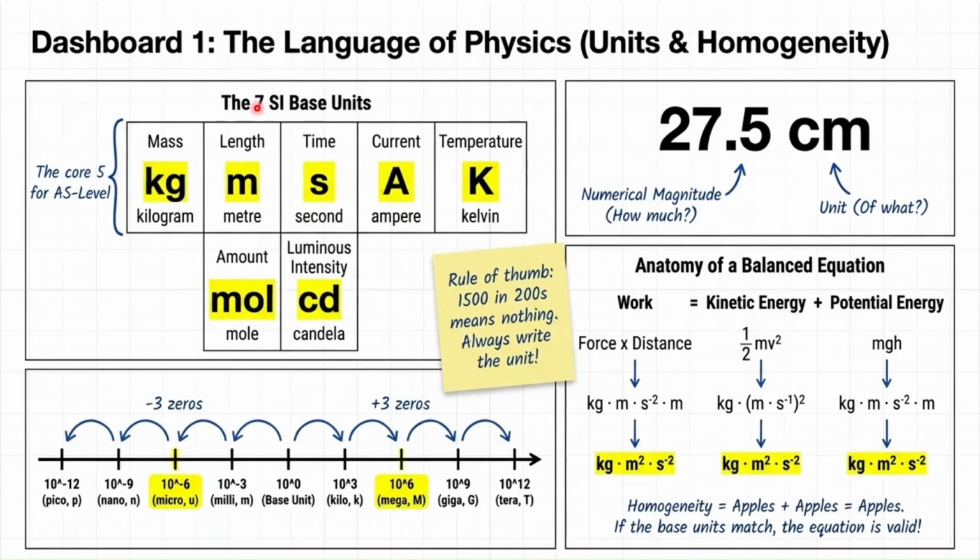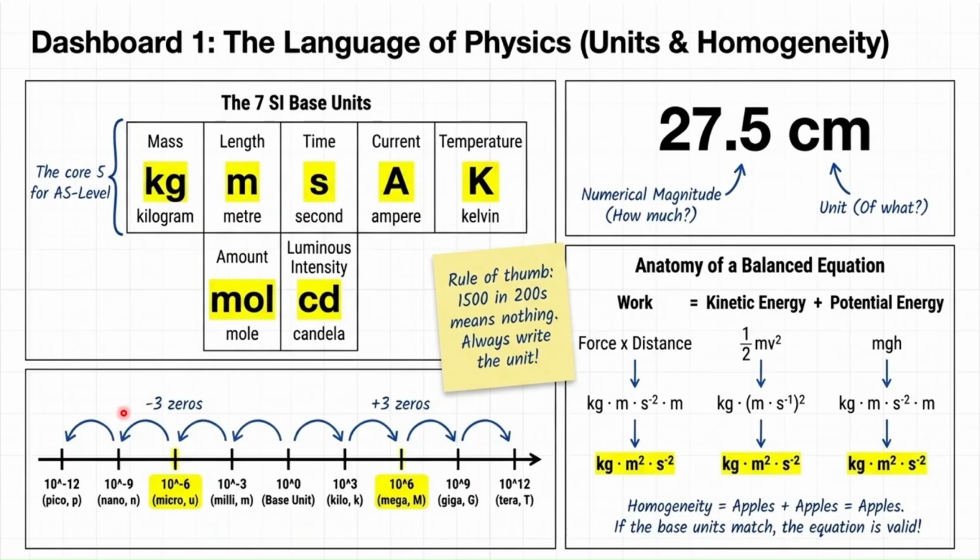In units, there are seven base units: kilogram, mass, length, time, current, and temperature for AS level, and the rest two, amount and luminous intensity, for A level. And the thumb rule is to always write the unit.